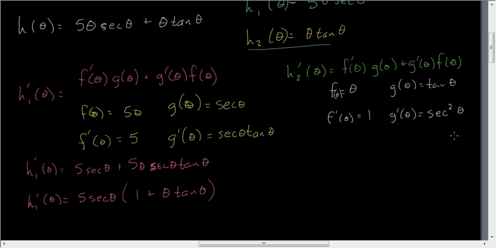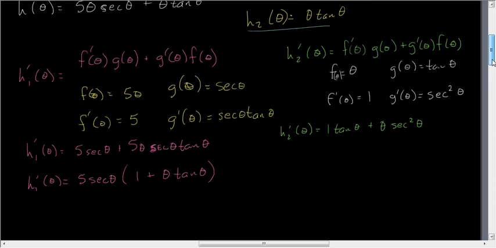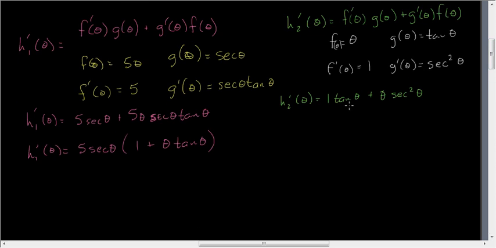So now that we have that, we can go back through and say h2 prime of theta is equal to 1 times tangent theta plus theta times secant squared theta. Now there's really not a whole lot we can do here as far as taking something out.